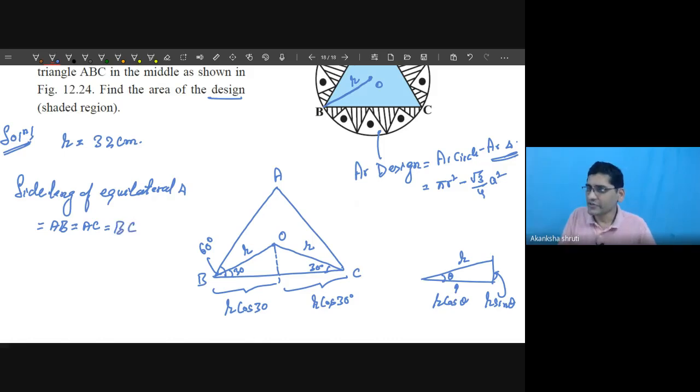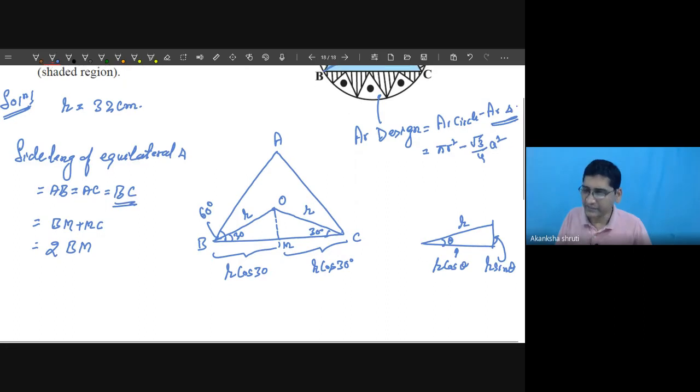Whatever way you calculate, you will always get the same. So you may write this as BC. I am calculating with the help of BC. So it is BM plus MC, or directly we may write this as twice of BM also. All this calculation I have done. Please go through those videos once again. That is very helpful.